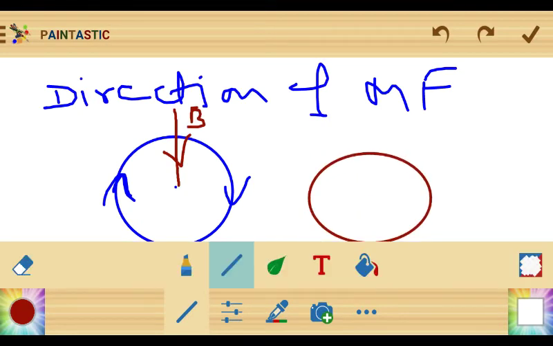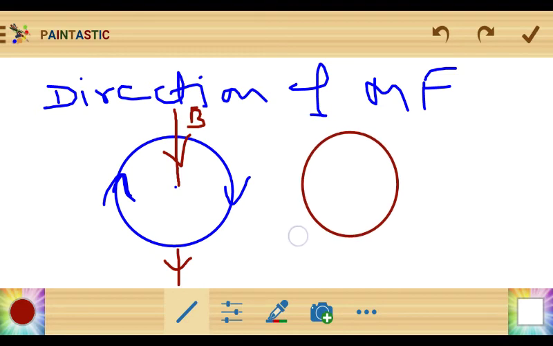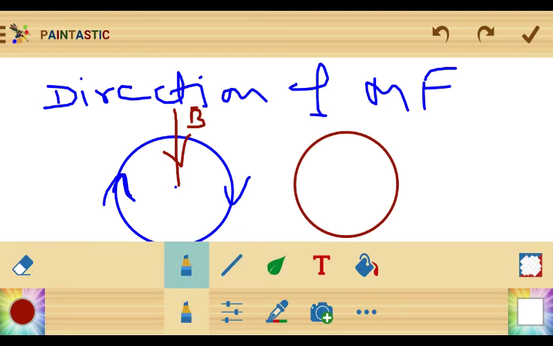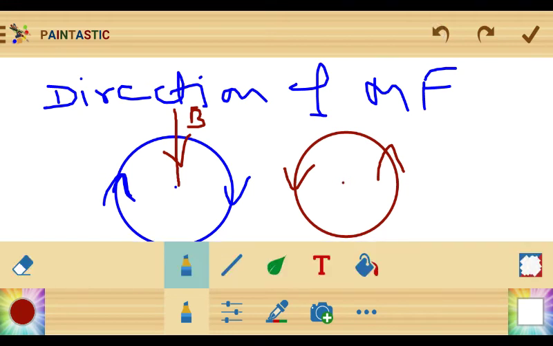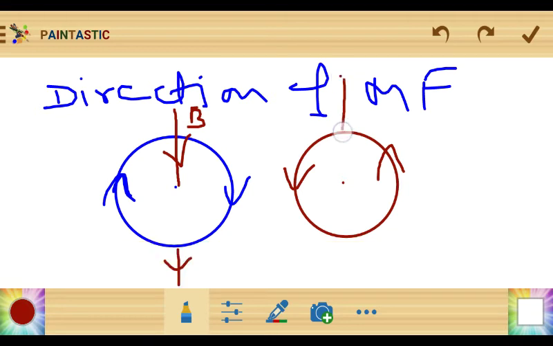Now in this case, if the direction of current is anti-clockwise, then the magnetic field lines come out of the paper. Means it is like that, and they come out of the paper.